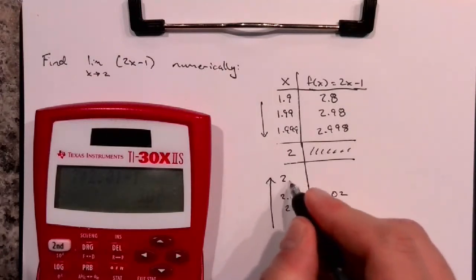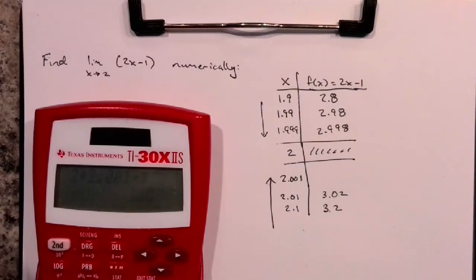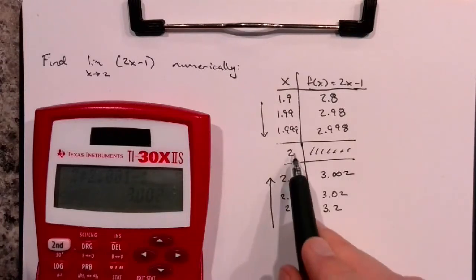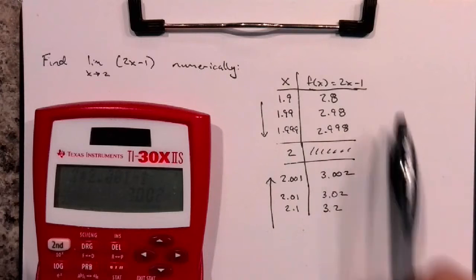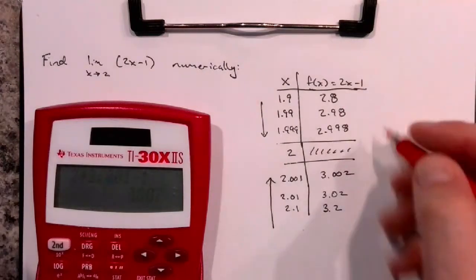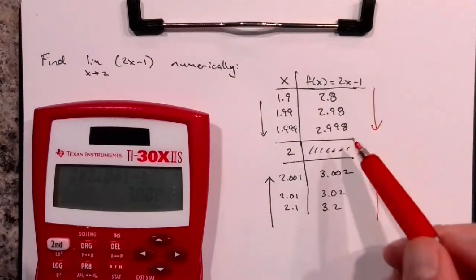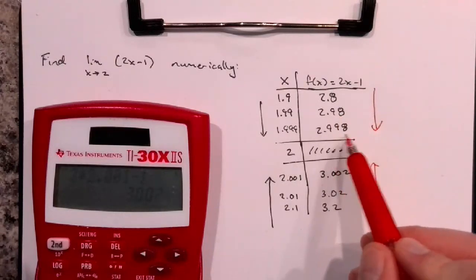And let's just say 2.001. So 2 times 2.001 minus 1 gives us 3.002. Again, we don't care what happens right at 2, we care about what happens as you approach from the left and right. Now, if these values are going to the same y value, you can see these y values are going towards, well, what number? 2.8, 2.98, 2.998.